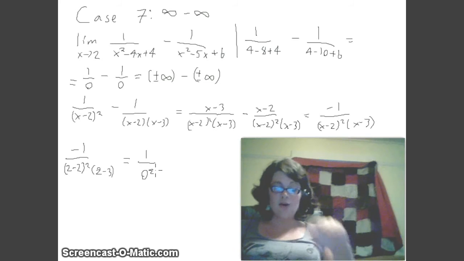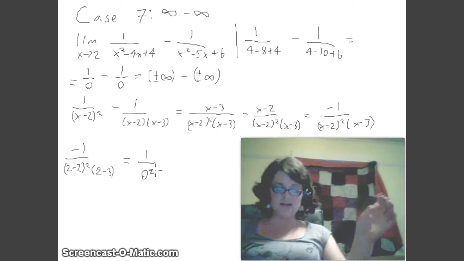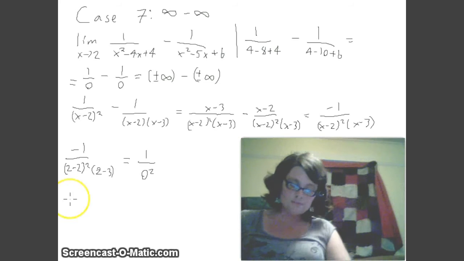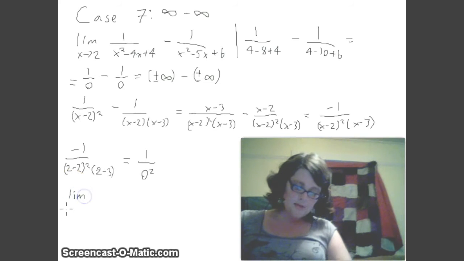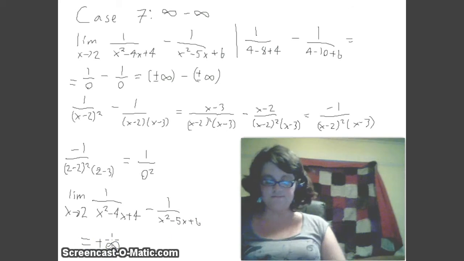But because it's 0 squared on the bottom, whether that 0 is positive or negative, its square is still going to be positive. So we're going to have a positive number, which means positive infinity. So the limit as x goes to 2 of 1 over x squared minus 4x plus 4 minus 1 over x squared minus 5x plus 6 is in fact equal to positive infinity.